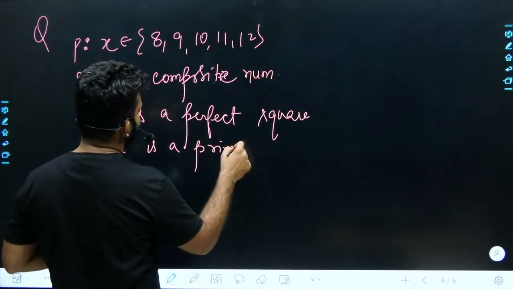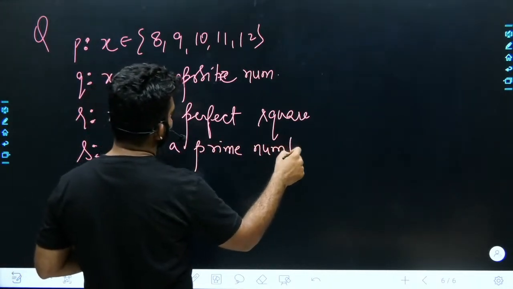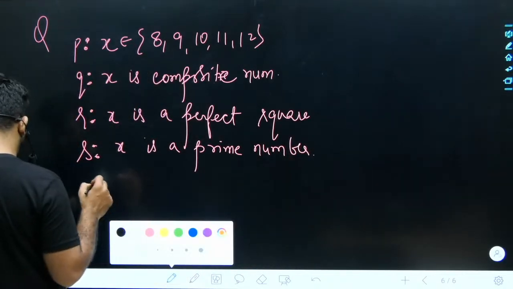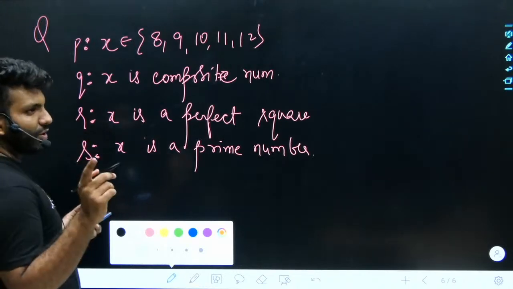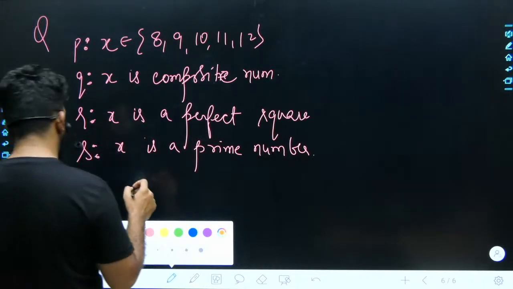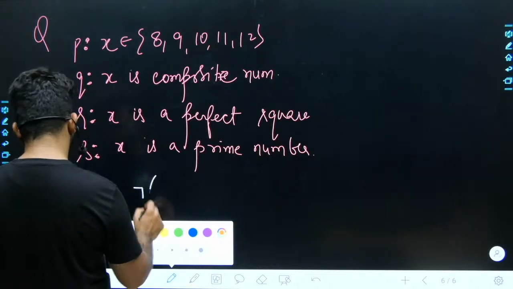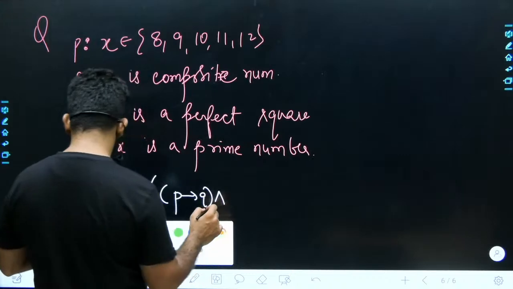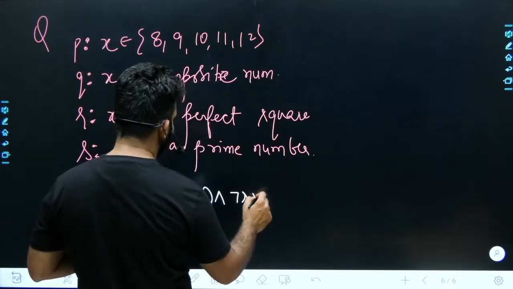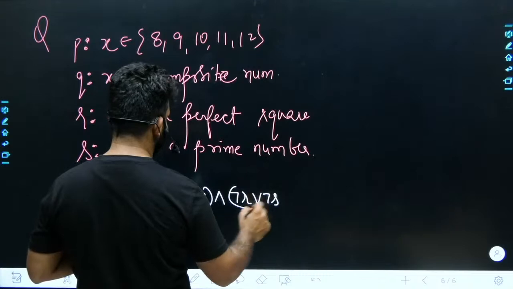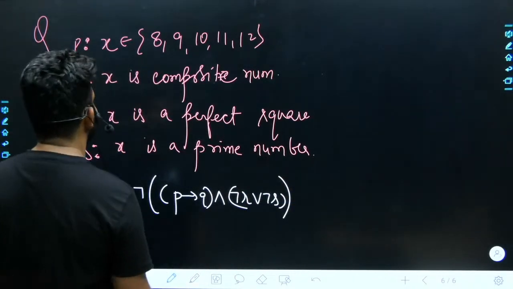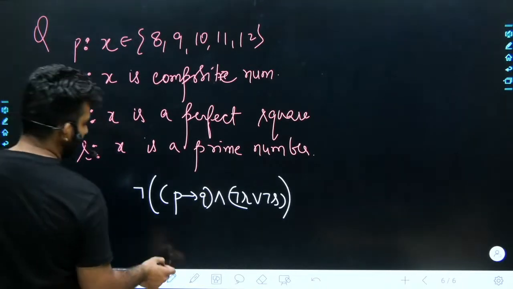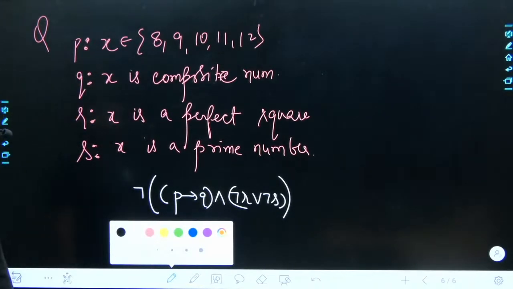And then an expression is given, and we need to find the value of X. There is some value of X which satisfies this propositional expression: (P implies Q) and (not R or not S). We need to find that. Very simple question, not very difficult.